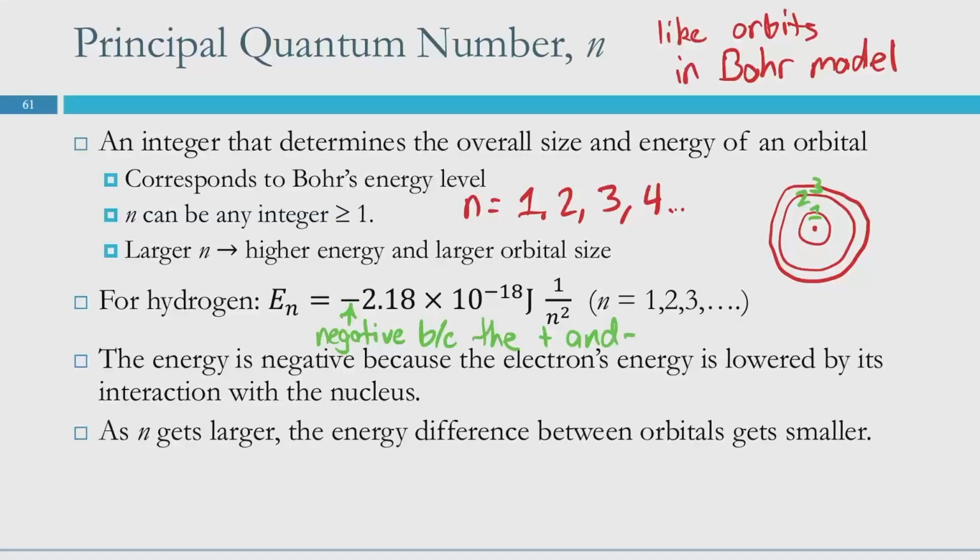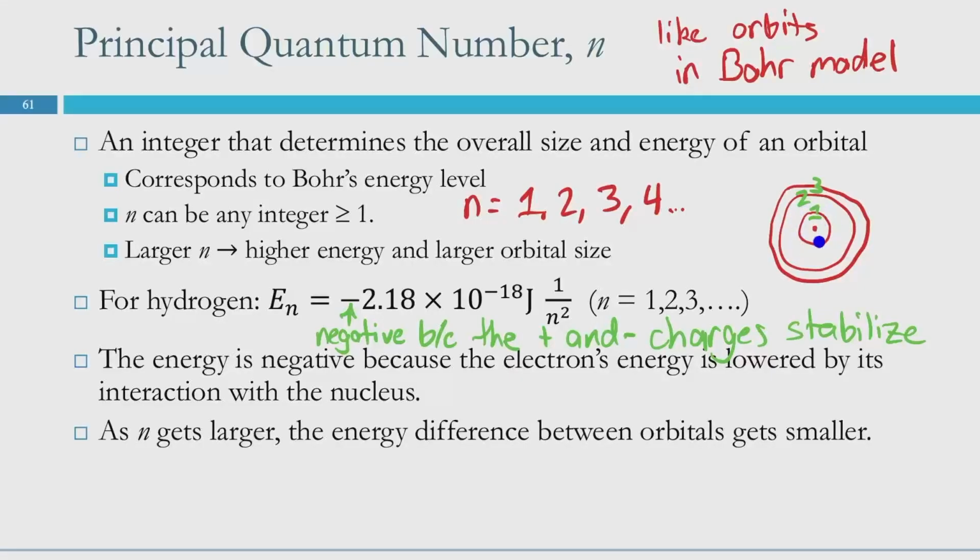Because the positive and negative charges stabilize each other. The electron is really flying around in some other way, rapidly and randomly.